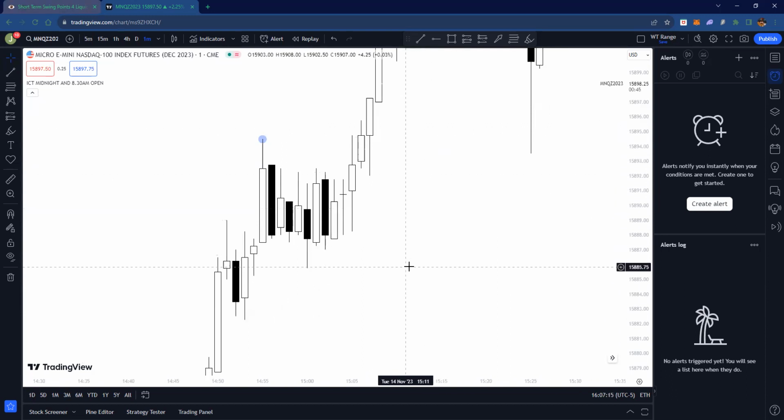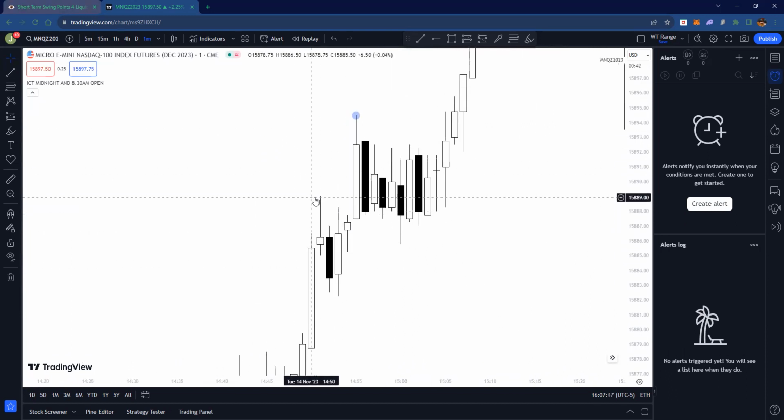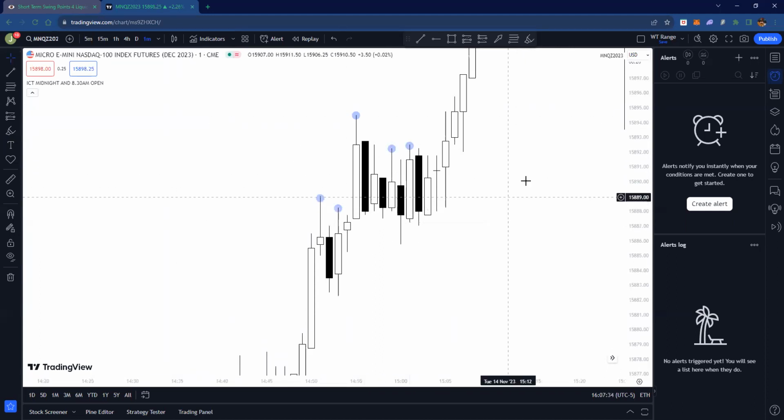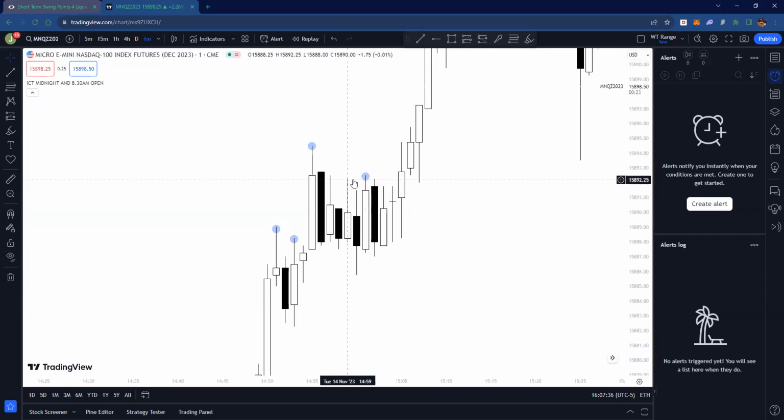Also, it could give you an indication, let's say if you're using this to determine the strength of the market, you see we have a high here, and then we have a lower high, then we have a higher high, and we have a lower one, now we have a higher one. Instead of using all of those, you could just use the three candles.